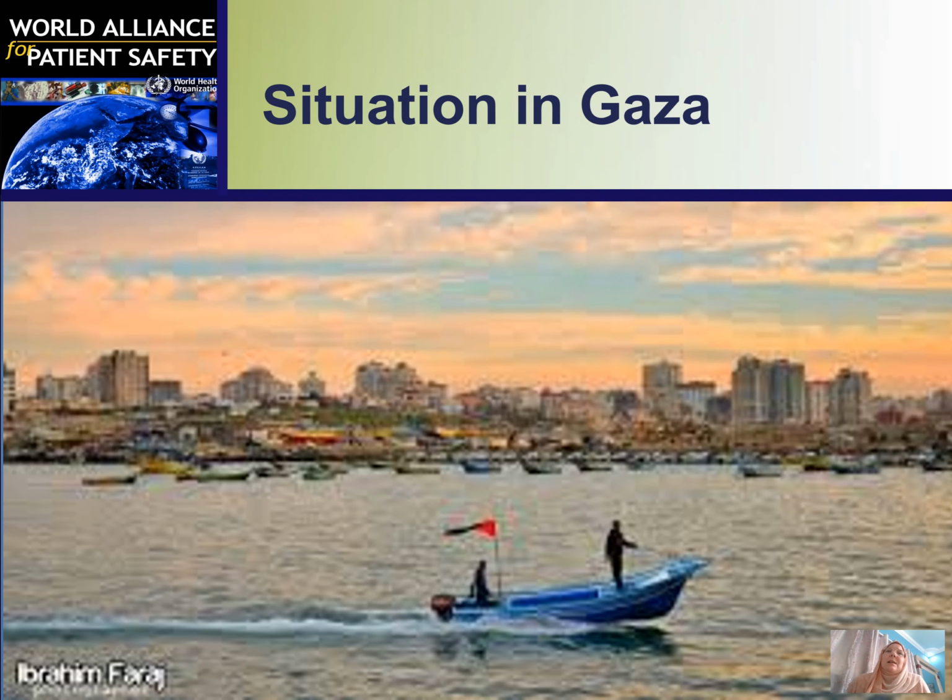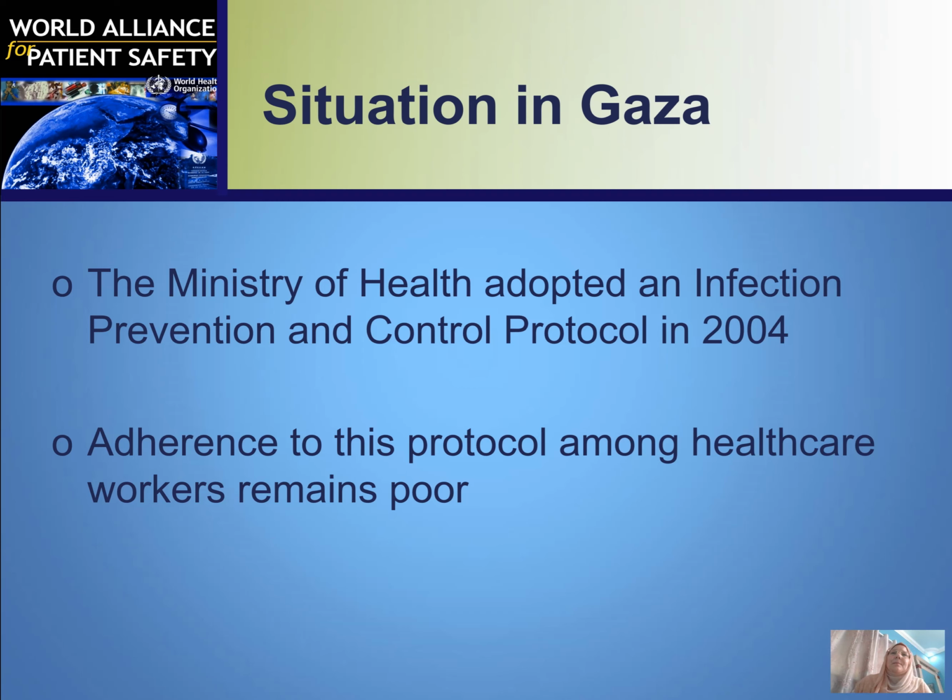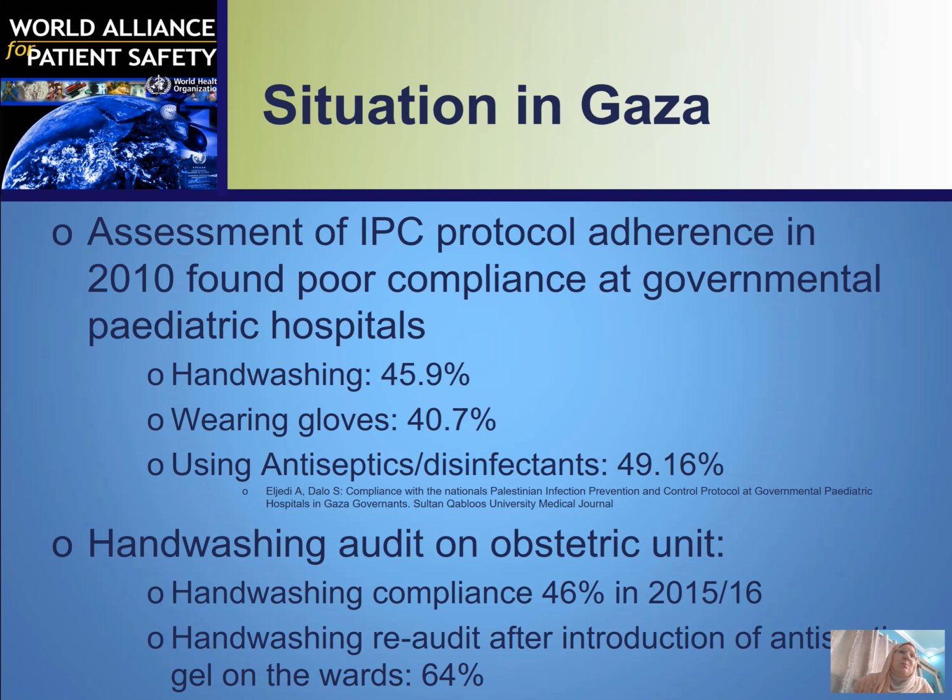But what is the situation we have in Gaza? The Ministry of Health adopted an infection prevention and control protocol in 2004, but adherence to this protocol among healthcare workers remains poor.